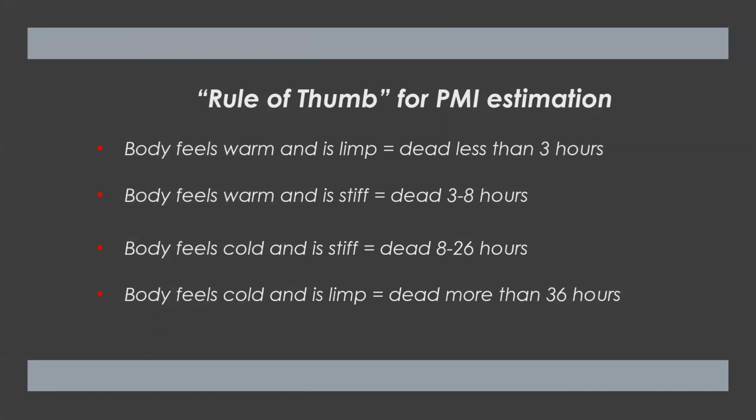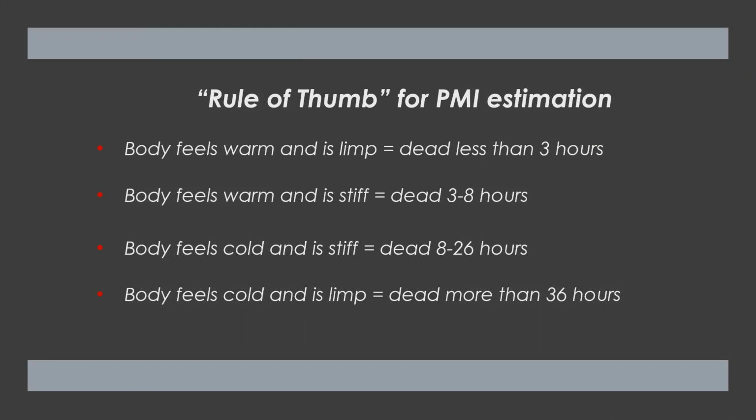If the body feels warm but is relatively stiff, you can assume that the person's been dead about 3 to 8 hours, give or take. Rigor mortis does not set in officially till 12 hours, but at that time you've also lost 16.8 degrees. So if they're still kind of warm but stiff, you can extend it 3 to 8-ish.